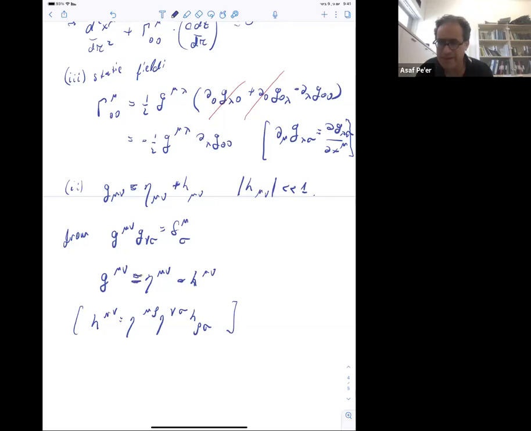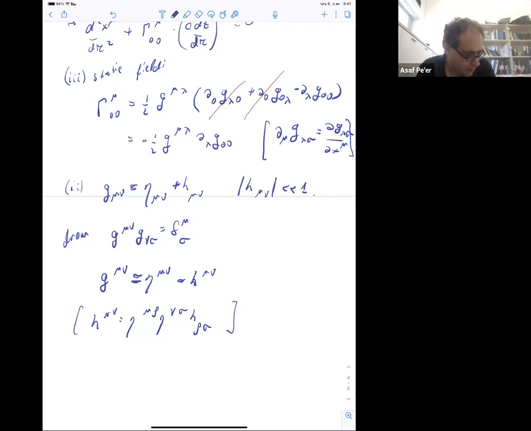It's basically like a Taylor expansion: when you have 1 plus epsilon, then the inverse will be 1 minus epsilon. And again, we could use the Minkowski metric to raise and lower indices.